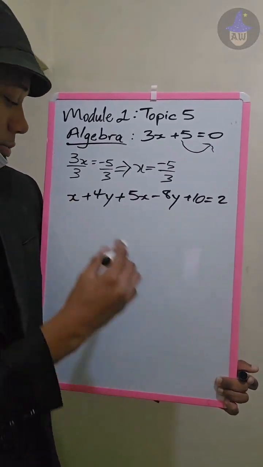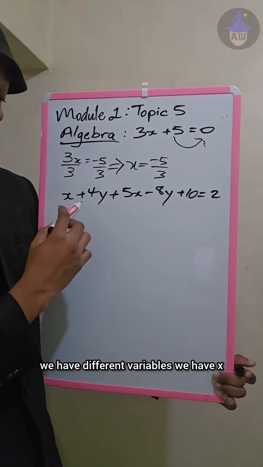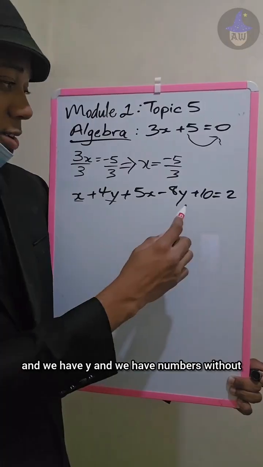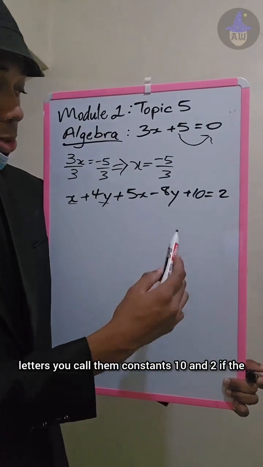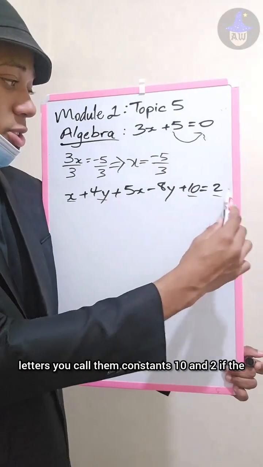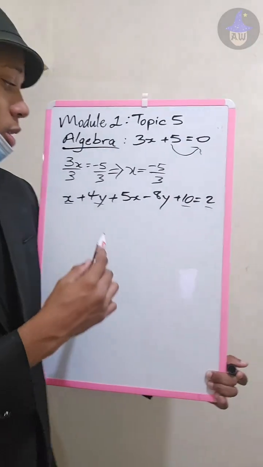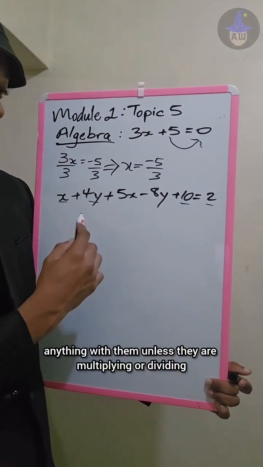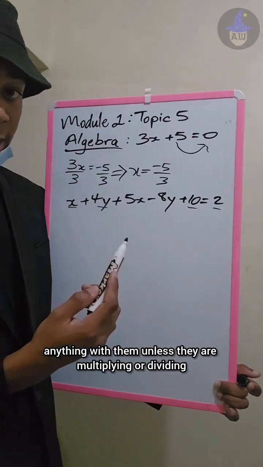Now here, we have different variables. We have x, and we have y, and we have numbers without letters. You call them constants, 10 and 2. If the letters are different, you can't do anything with them unless they are multiplying or dividing.